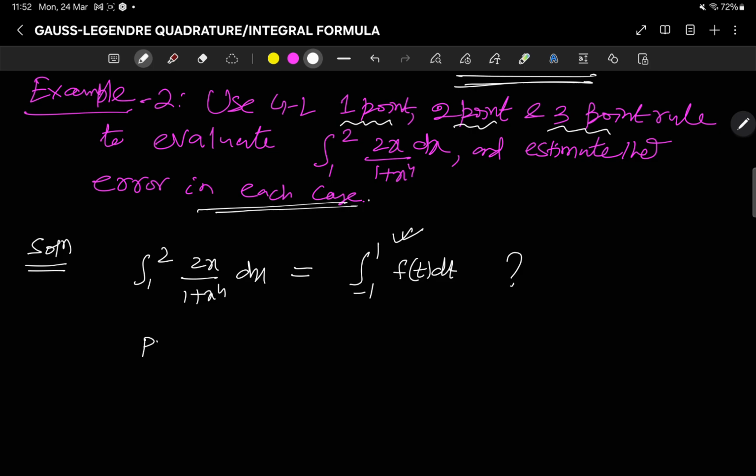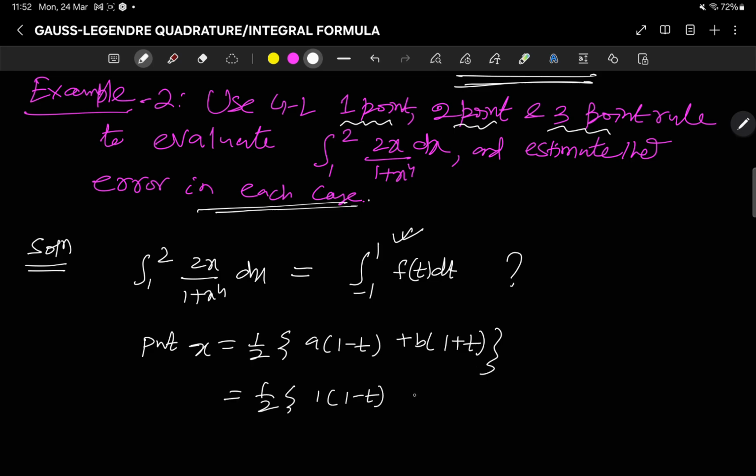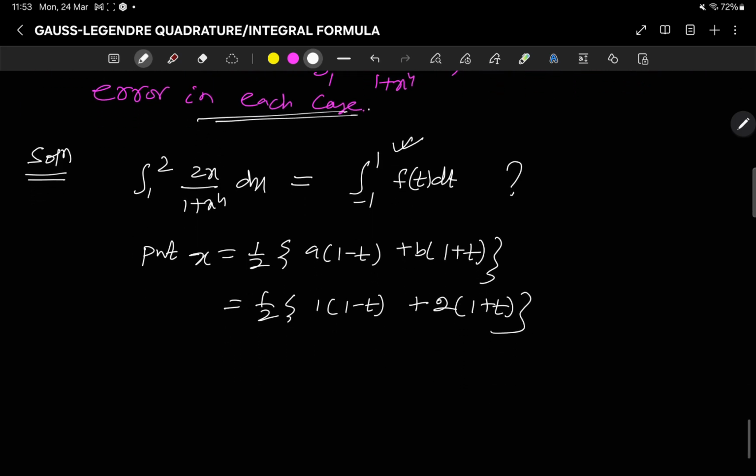You put the transformation x equal to half of a into 1 minus t plus b into 1 plus t. Here a is equal to 1, so this is half of 1 into 1 minus t plus 2 into 1 plus t, right? So this is equal to 1 by 2 of 1 minus t plus 2 plus 2t.